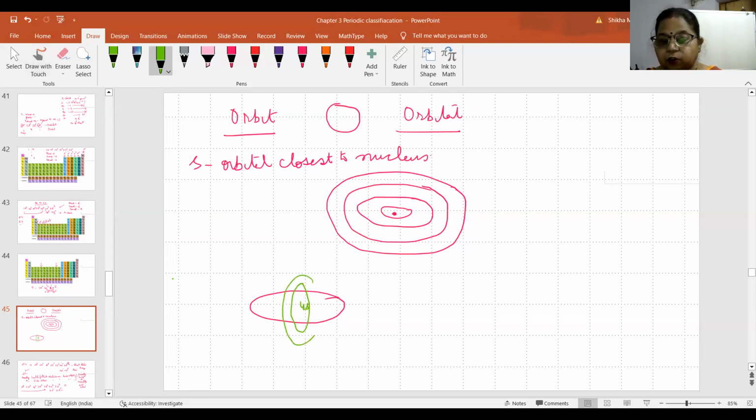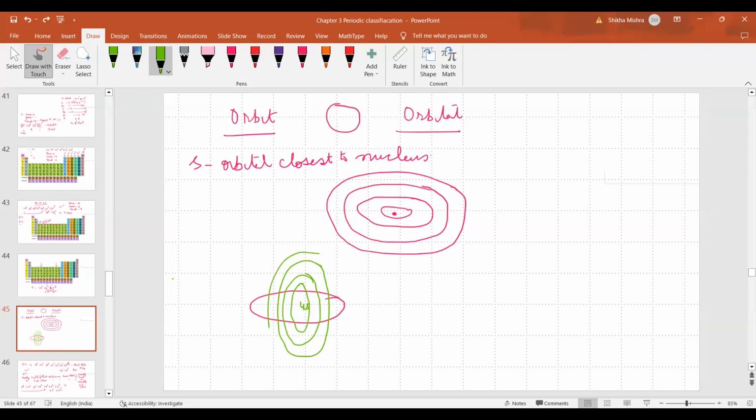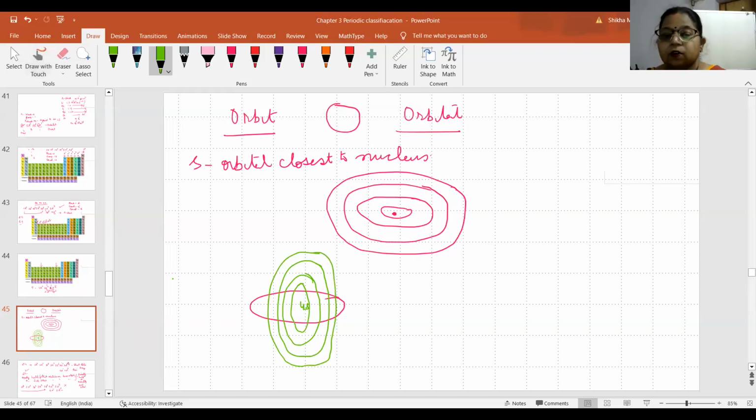That will be followed by 4p, then 4d, and then 4f. Correct. It means for the fourth shell, if it was circular, then S, P, D, and F electrons would all have been attracted towards the nucleus by equal force of attraction.